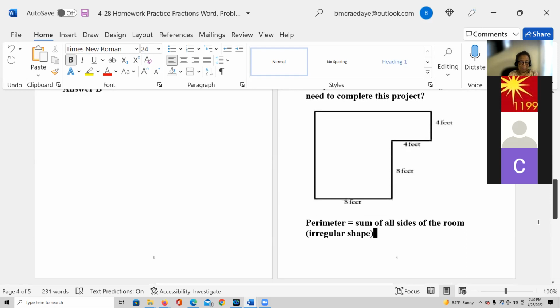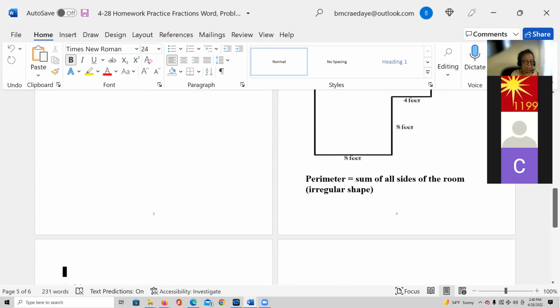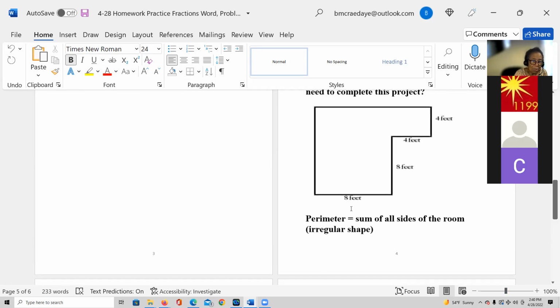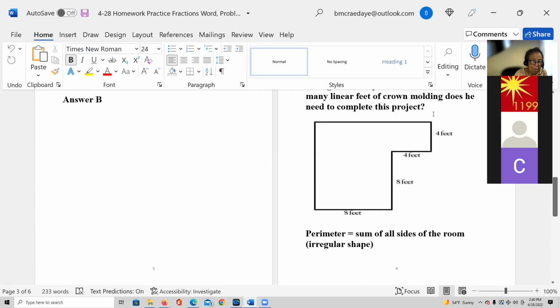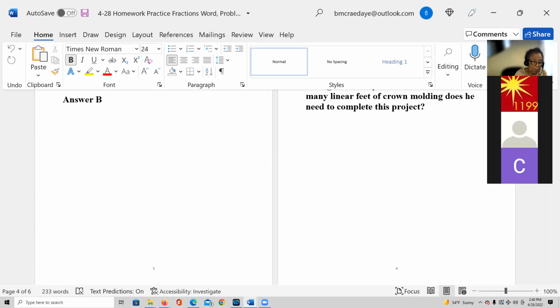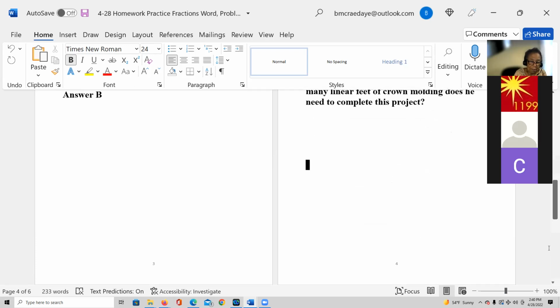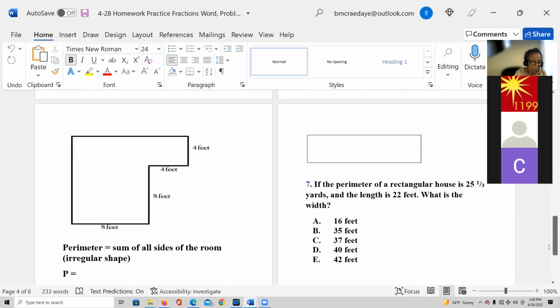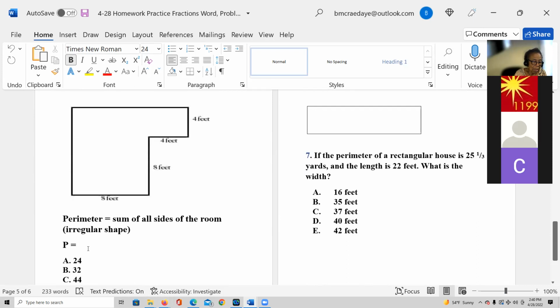8 feet. Okay, so perimeter, let's just put here, P equals. Now, Maureen, you said, let me just put this all together so you can see the figure as you add it up. Okay, so you said P equals 8.